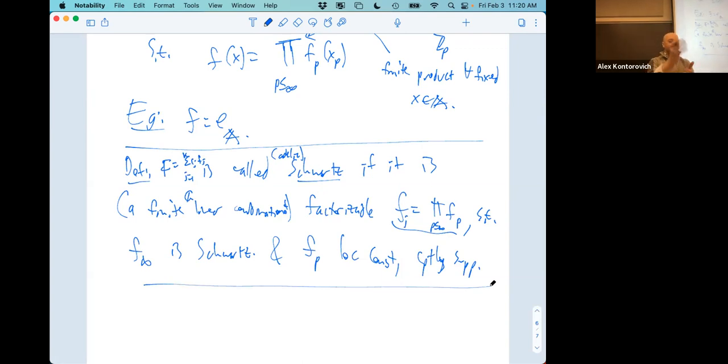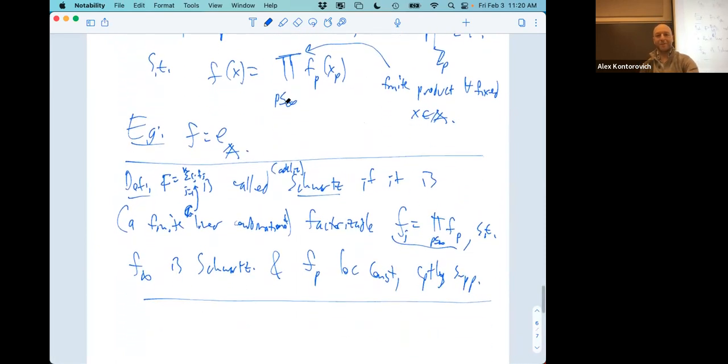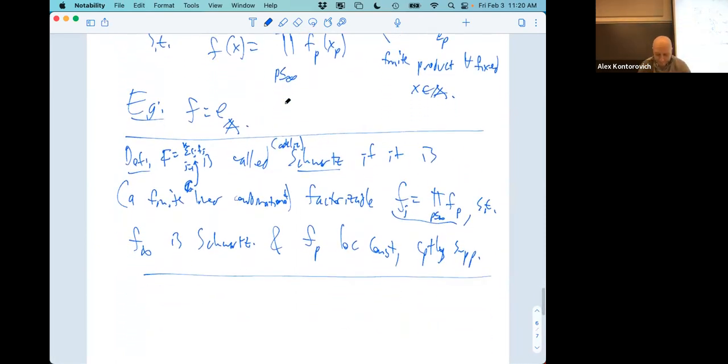Okay, so Schwartz means it's Schwartz at each place. The c_j are complex numbers, arbitrary complex numbers. These are all functions to C. Yes. Good, I wrote it. Okay.